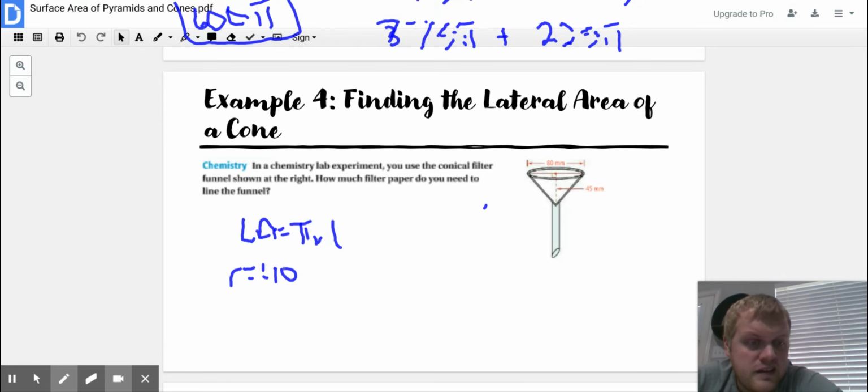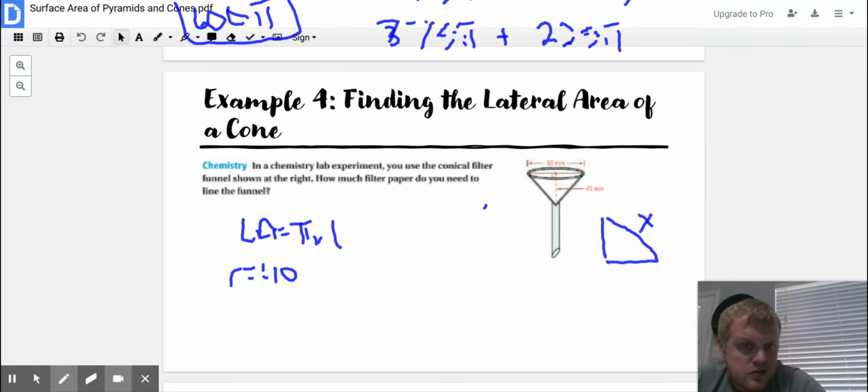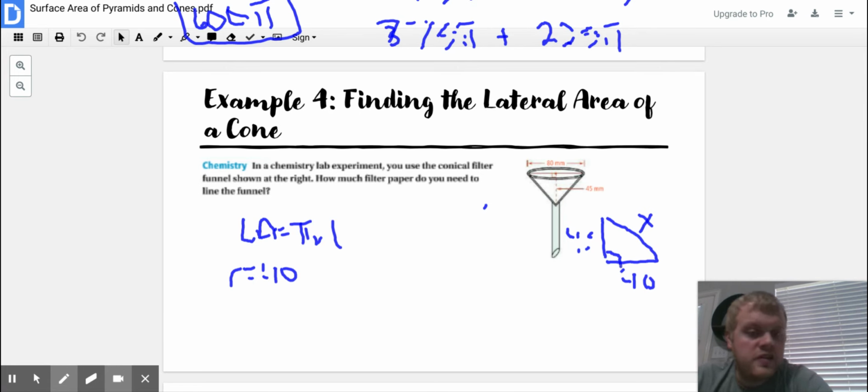Unfortunately, they did not give me the slant height here. They gave me the altitude. So I'm going to draw a right triangle here. We're looking for the slant height. We know that the altitude right there is 45, and the radius, as we said, was 40. If I have two sides of a right triangle and I'm trying to find the third, I'm just going to use the Pythagorean theorem.